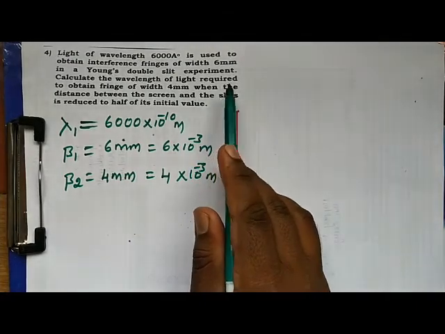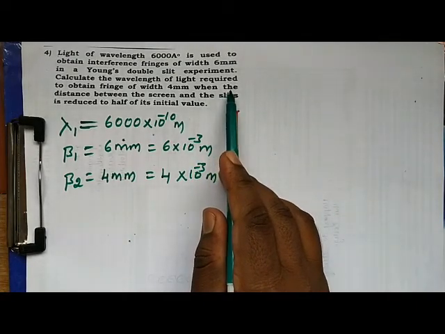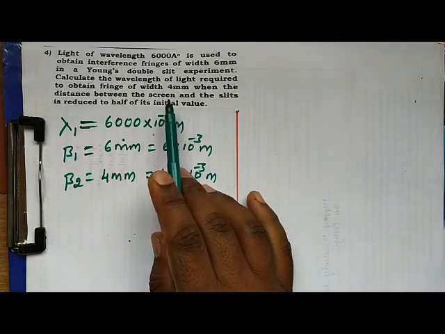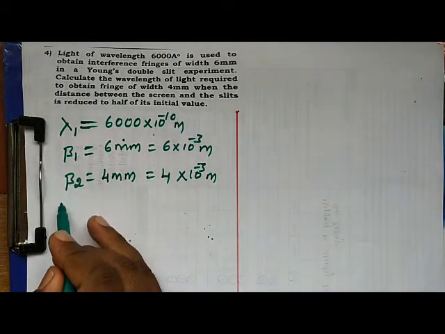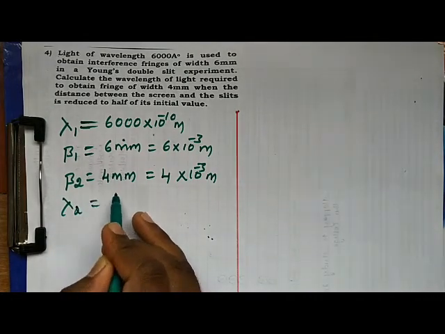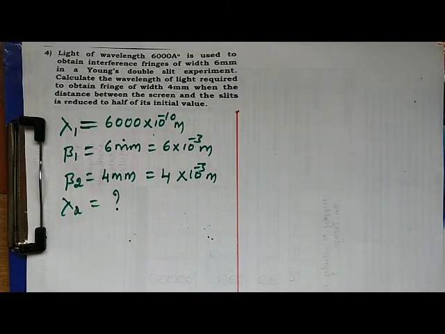Once again, the screen distance is reduced to half of its initial value, so beta 2 is 4 mm. What is the wavelength of the light used in this case? This is similar to the previous model.